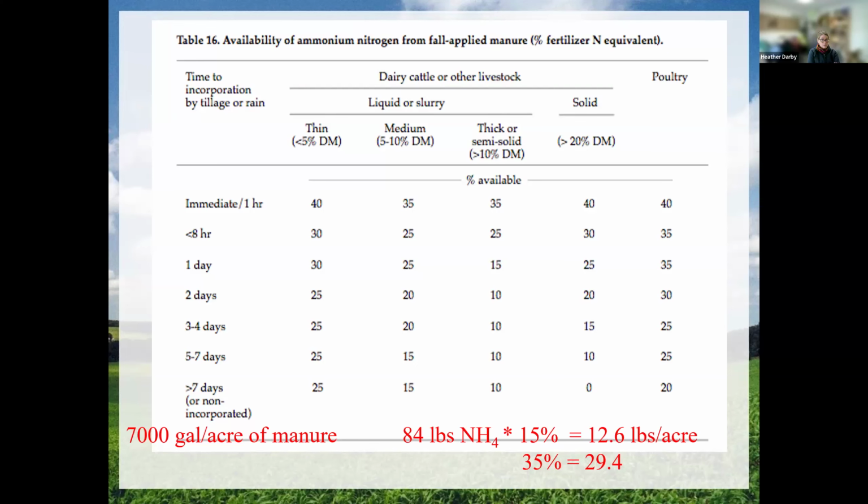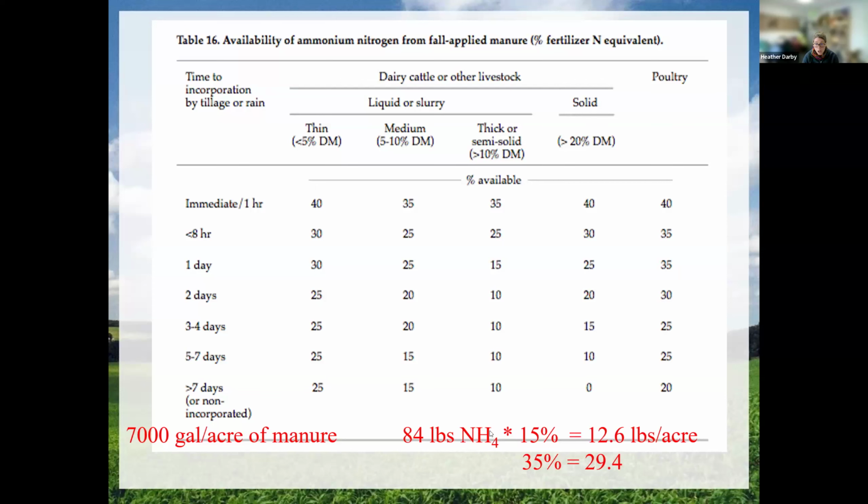On a hayfield, there is a chance if the crop's still growing, it will utilize some of that nitrogen better. So down here at the bottom, let's just go through the example. We had 84 pounds of ammonium nitrogen available.